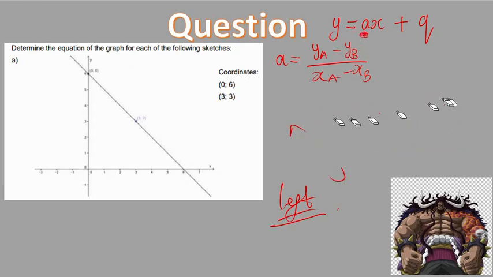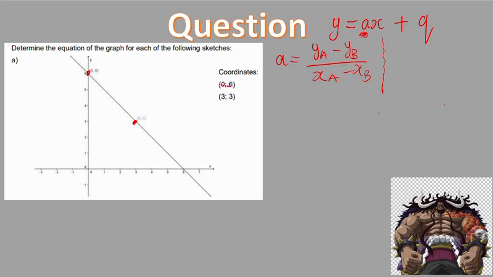Now, how is that possible? You want to make your substitution. So when you give me this equation, the next thing to do is to give me your coordinates so that you can substitute the coordinates. So a is equal to ya minus yb all over xa minus xb. You have a coordinate here and a coordinate here. This is what you were given, and they wrote them down for you so that you can see them.